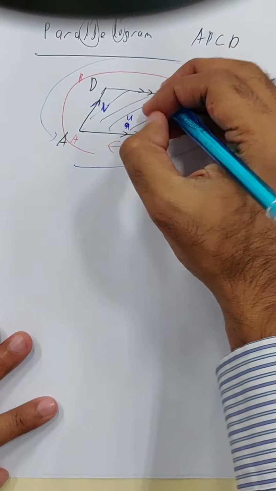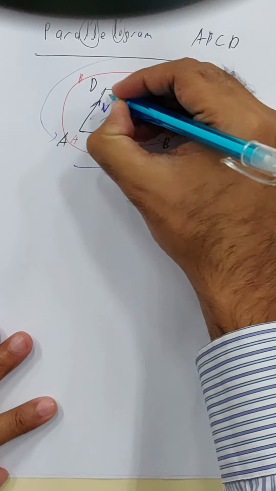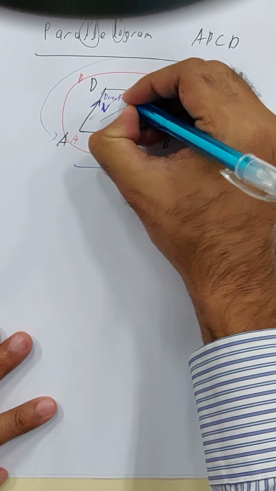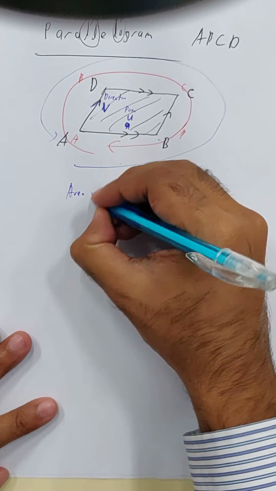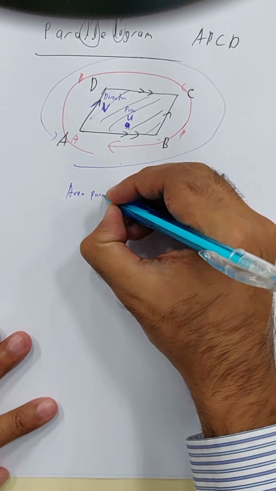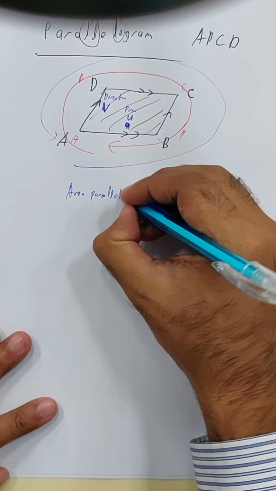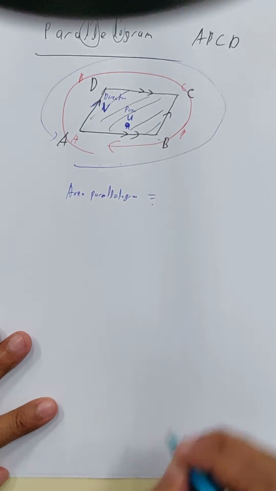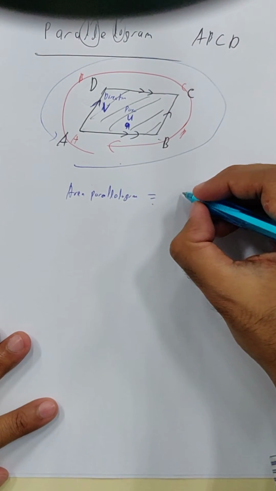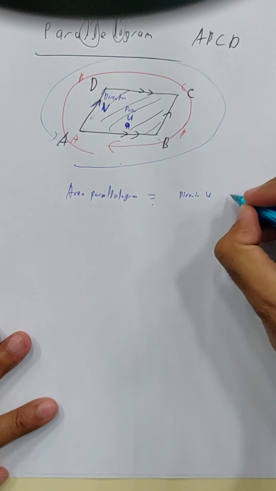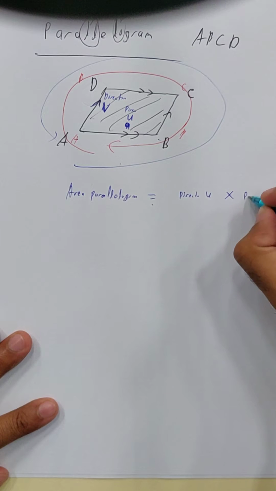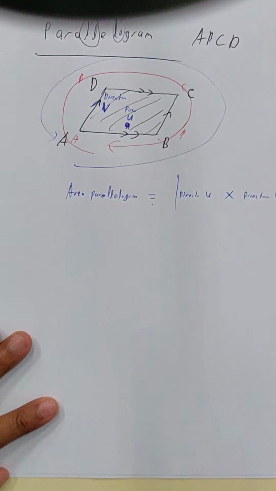Let's say we have direction U and direction V. So the formula for the area of a parallelogram is simply direction U cross direction V, and take the modulus.